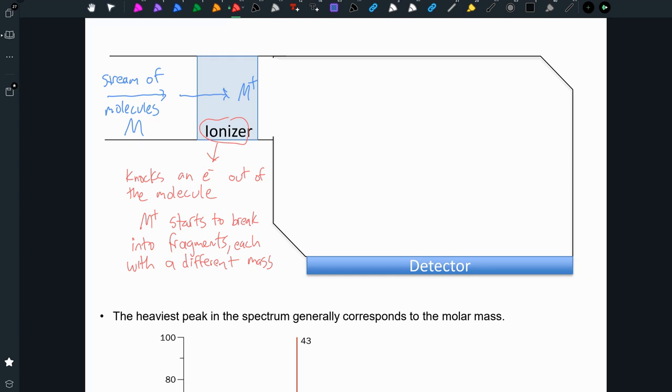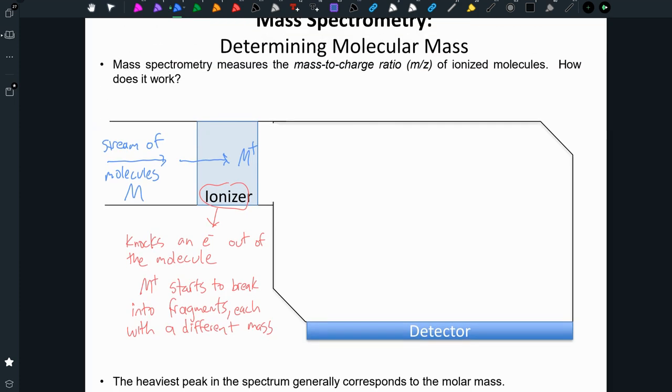As those molecules continue to move through this chamber, we have a magnetic field in the chamber that is pushing them toward a detector. When they enter this chamber, there's a magnetic field pushing them downward.